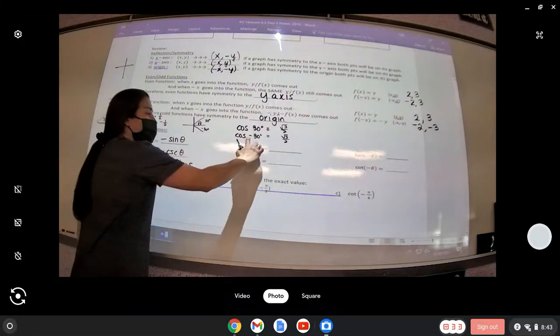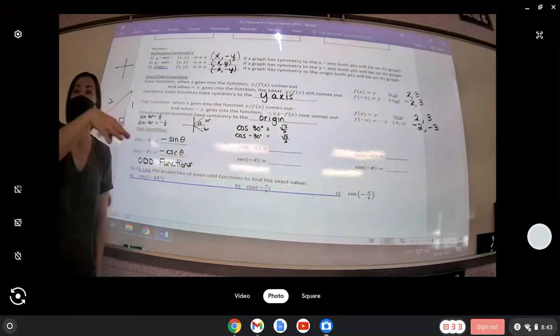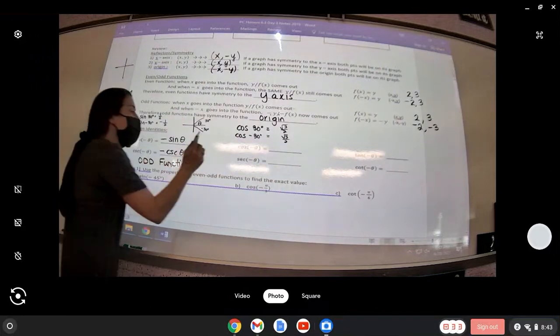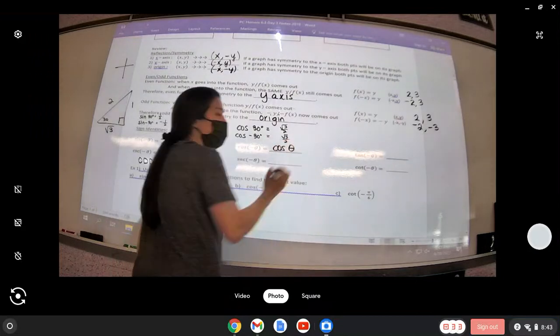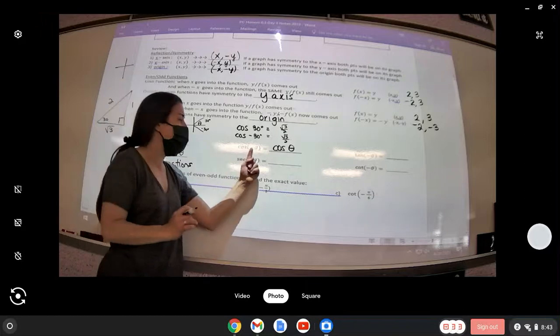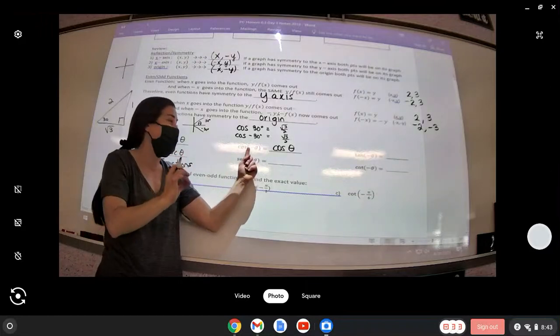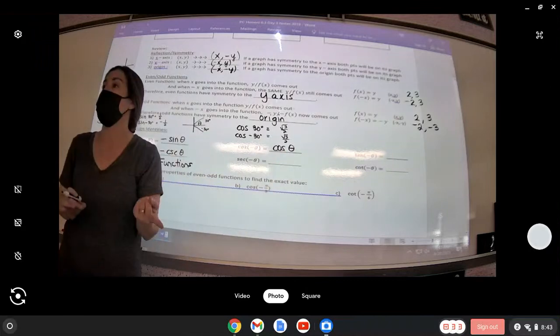So when you plug the opposite of theta into the cosine function, the same ratio still comes out. So the cosine of the opposite of theta will just equal whatever cosine theta was. It'll have the same exact answer as when you plug the same positive angle in. So if the opposite of theta goes in and the same exact ratio comes out, that's even function behavior.